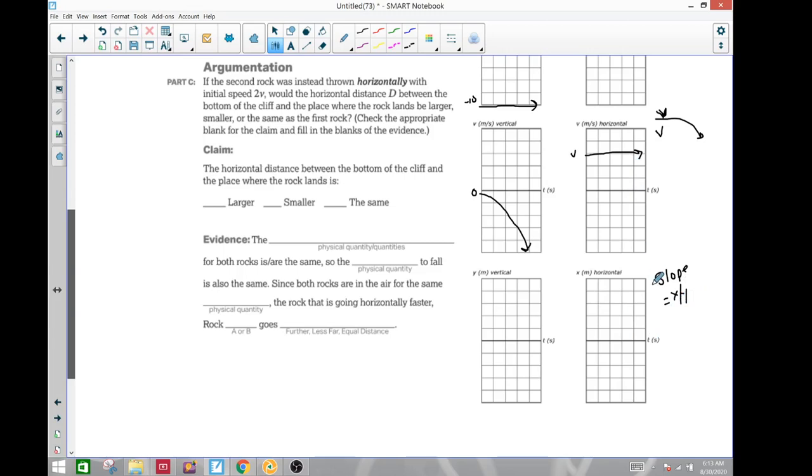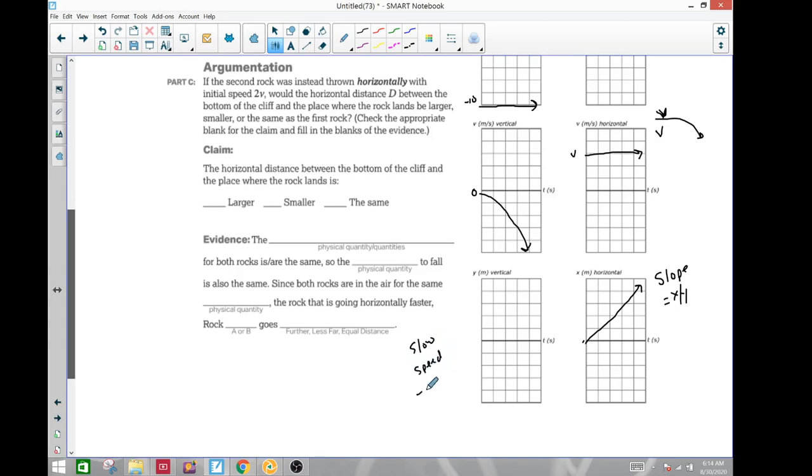Since I have a constant horizontal velocity, starting from the 0 point, I would note that we're going to hold a flat line here. And then vertically, I'm gaining speed, accelerating. I'm starting out slow and I am speeding up.